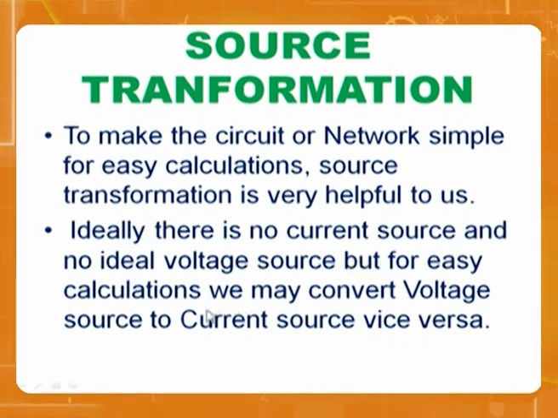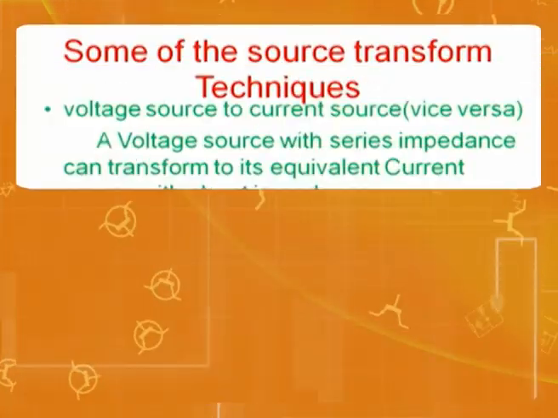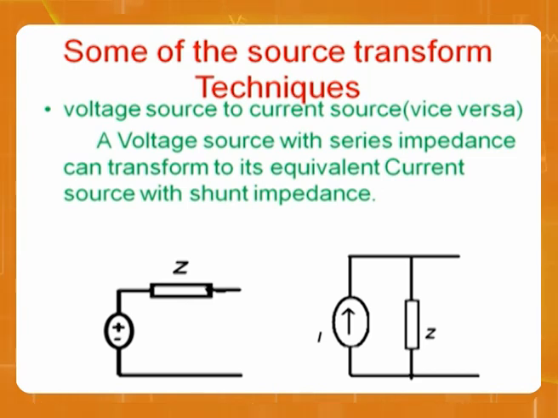But for easy calculations, we may convert voltage sources into current sources and vice versa. I will tell you why ideal things cannot be converted. We want to convert voltage source into current source and current source into voltage source. That's why I said vice versa.